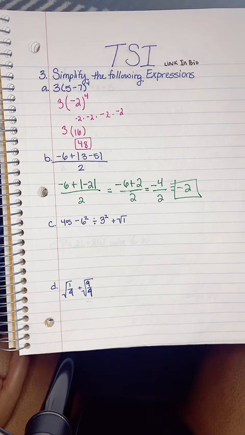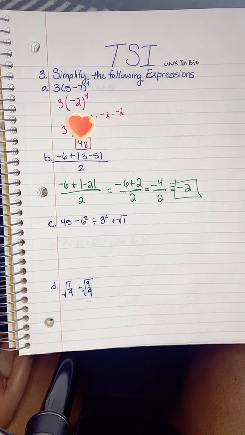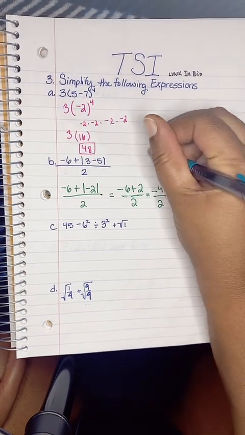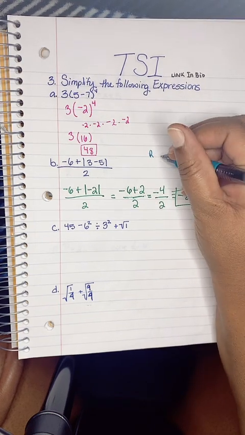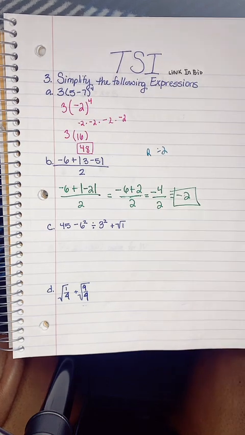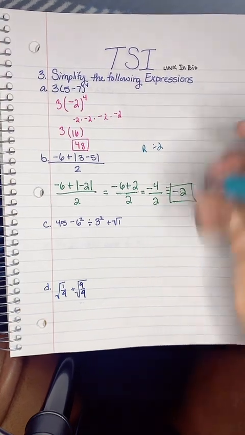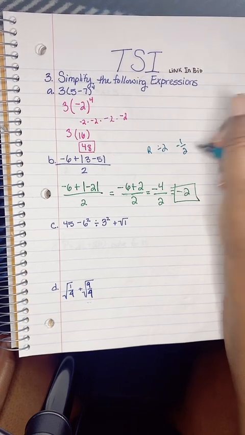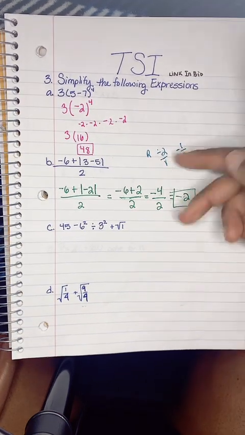What's the difference between inverse and reciprocal? That's a great question. Reciprocal would be like, let's say we got our answer -2. If I wanted the reciprocal of this, it would be -1 over 2, -1/2, because you would have to flip it.